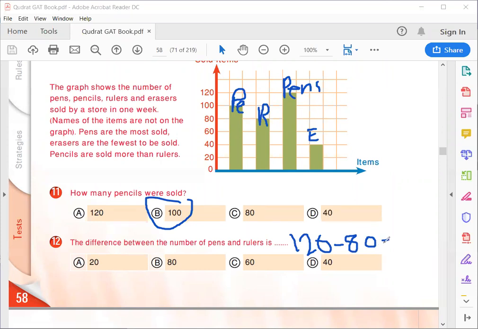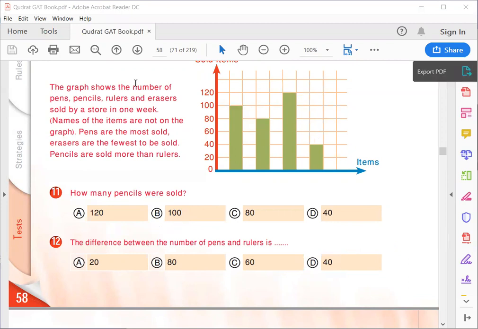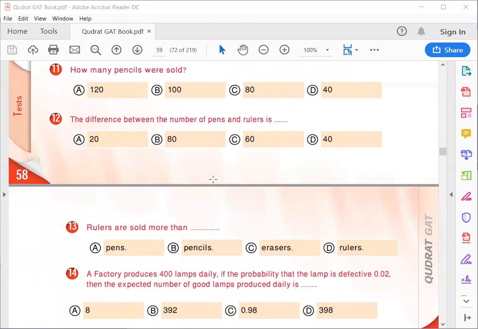I have pens here. He asked about the difference between the number of pens and rulers. It is 40. So the answer is D. Okay, no problem. We learn from the mistake. And thank you for writing the answer.